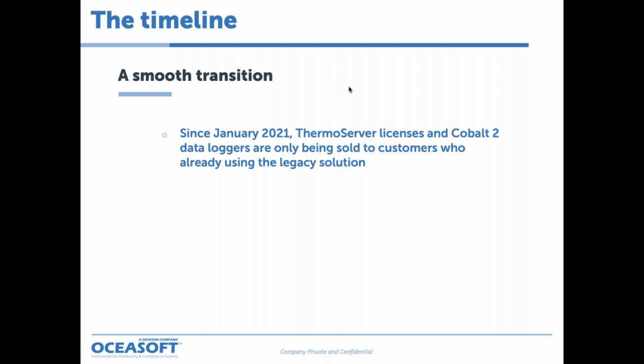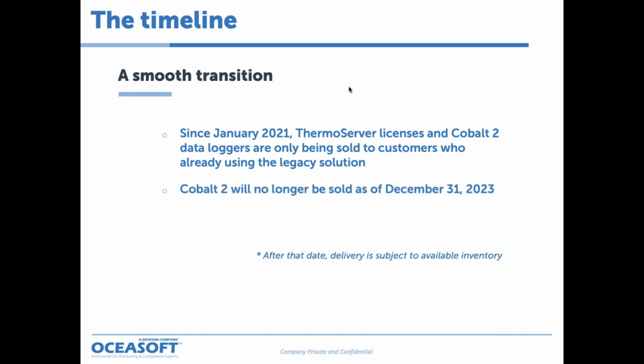As we have mentioned in some of our emailings, we are no longer selling new ThermoServer licenses or Cobalt 2 data loggers for new installations. However, we will continue to provide Cobalt 2 products to expand existing sites, or for example, replace hardware until December 31st, 2024.